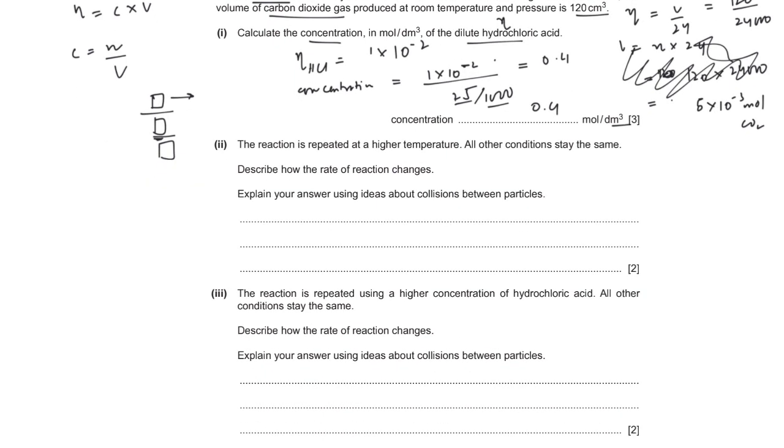Explain your answer using ideas of collisions between particles. What is being asked? The reaction is repeated at a higher temperature. Describe how the rate of reaction changes. So you would say that rate increases with increasing temperature. Obviously, why? Because kinetic energy of molecules increase.